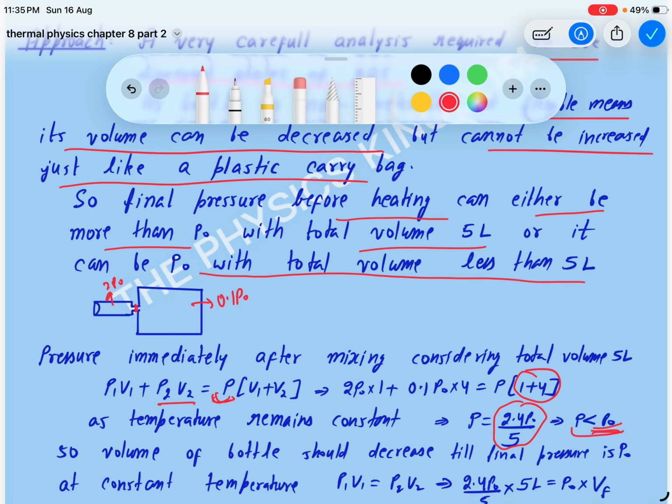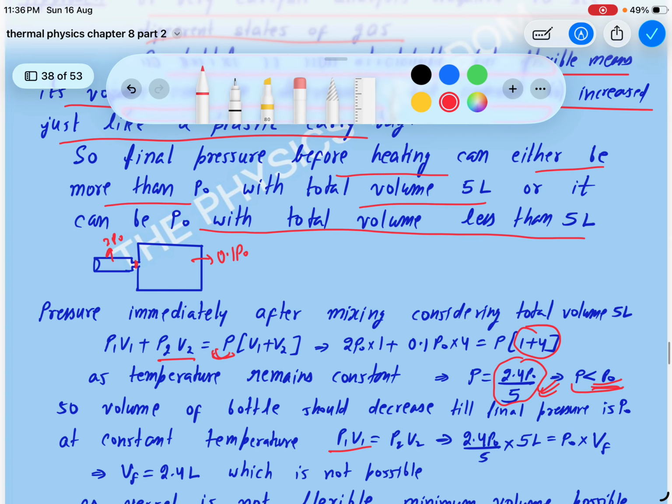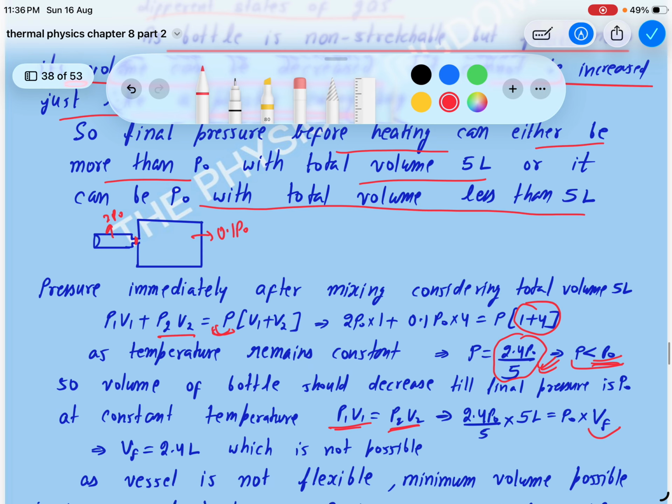So now my next step will be to find out the final volume. What will be the final volume of the bottle? Because I know the final pressure can be P naught, with initial volume 5 liter and initial pressure this, I am applying P1 V1 equals P2 V2 to find the final volume. So the final volume I am getting is 2.4 liter, which is also not possible. Why, beta?